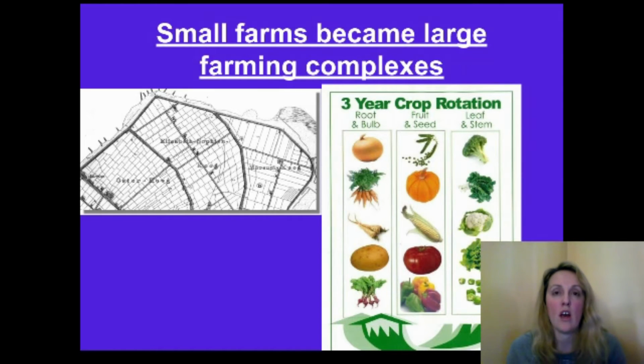But eventually, for example, in America, we'll see this will have disastrous effects in the 1930s Great Dust Bowl. But until then, the people during this time period are going to, instead of giving the crop or field a break, use different items each year. And you can see the diagram here.